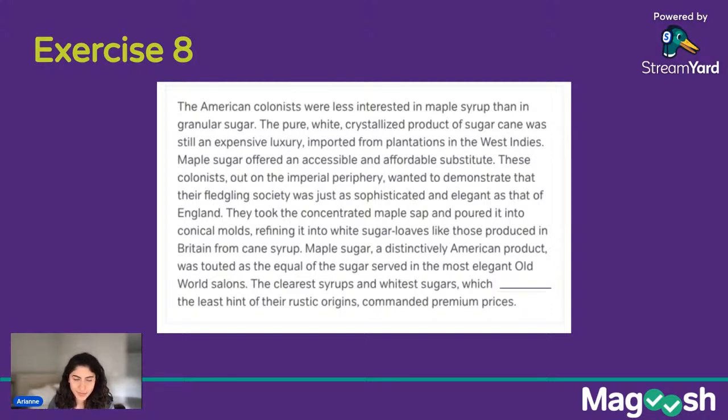Okay, so we have our blank here. We know that we are comparing maple sugar to regular sugar, the white crystal one, and clear syrup, right? Which is used in an elegant old world salon.